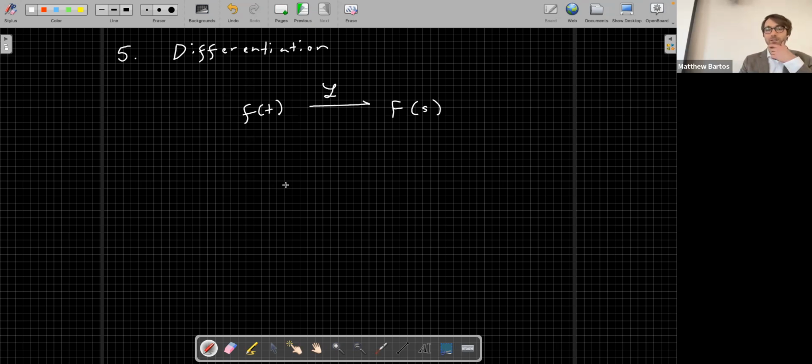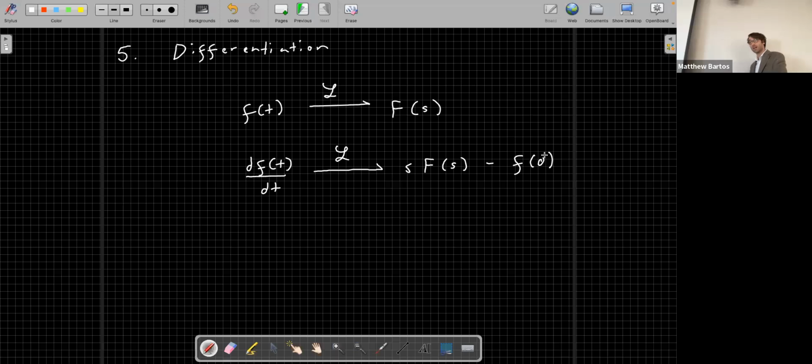If we take that function in the time domain and differentiate it by t, we get s times big F of s minus our initial condition in the time domain. Note that this f of 0 is not f of 0 in the frequency domain, this is our initial condition in the time domain.